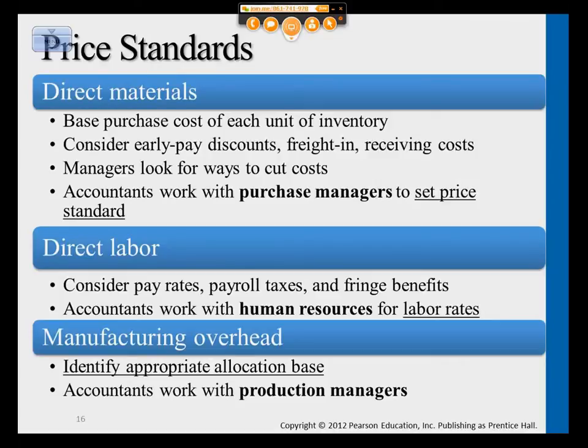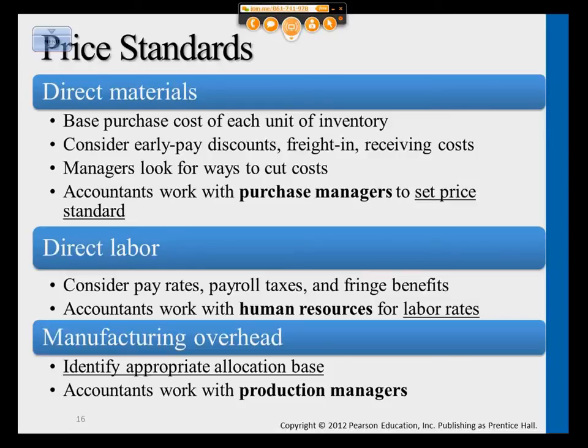Then managers are going to look for ways to cut those costs for direct materials to directly impact the bottom line. Accountants are going to work with purchasing managers to set those price standards in place, after they consider early pay discounts, freight-in, receiving costs, and such.